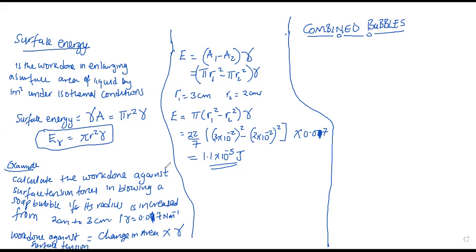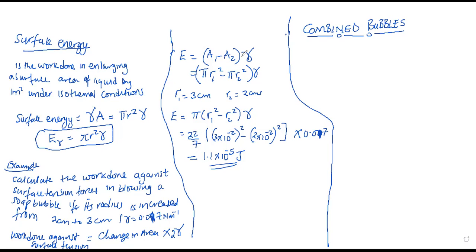1.1 times 10 power negative 4. Ah, there is one other thing we have forgotten. We are dealing with a soap bubble, not so? Gamma for a soap bubble is 2 gamma. So I forgot that too.